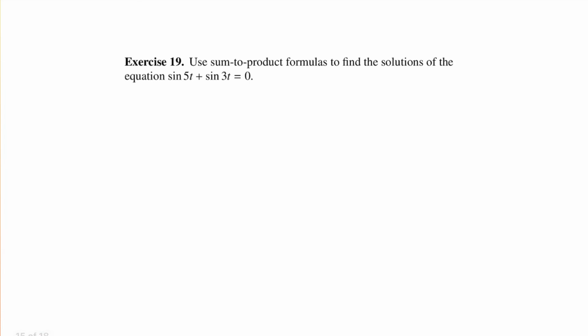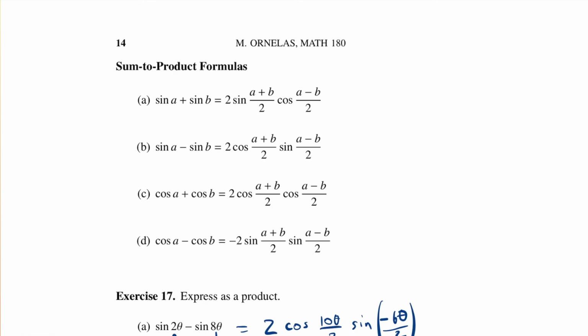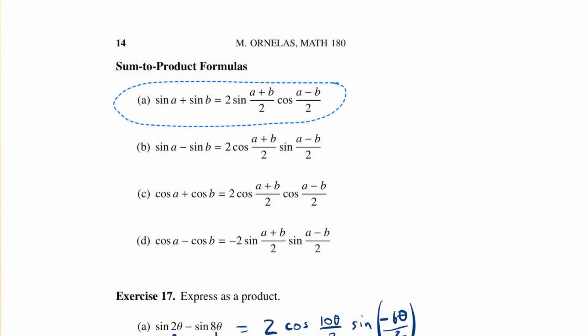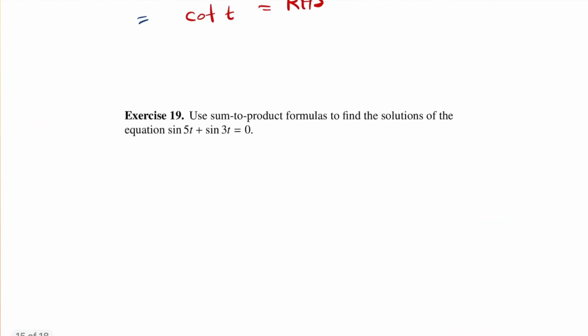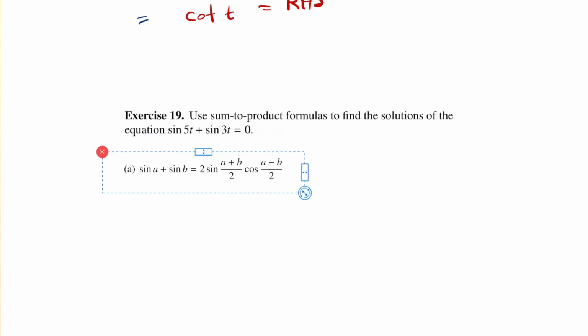Use the sum to product formulas to find the solution. So we need to use the sine plus sine formula, which would be this top one. Okay, so our A is 5t, our B is 3t.